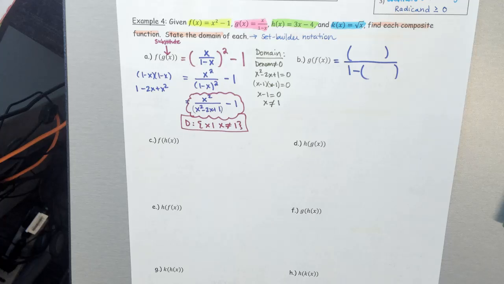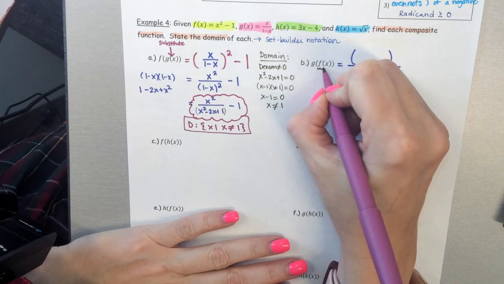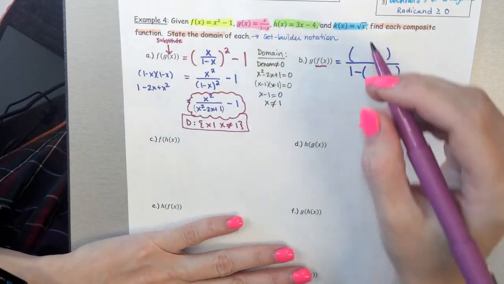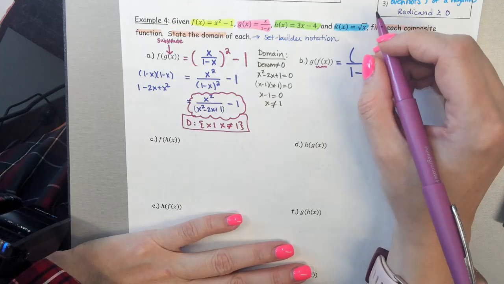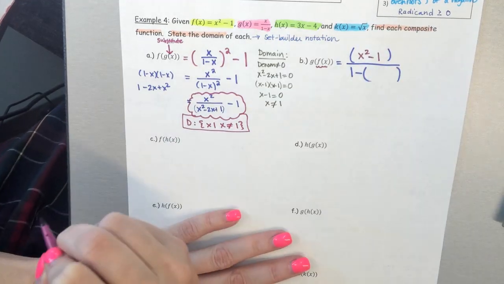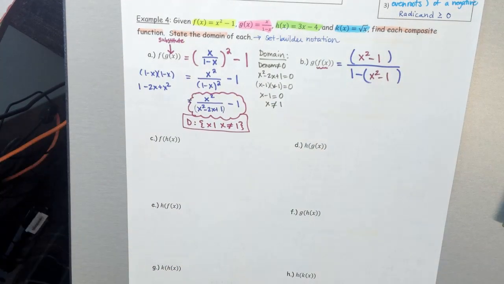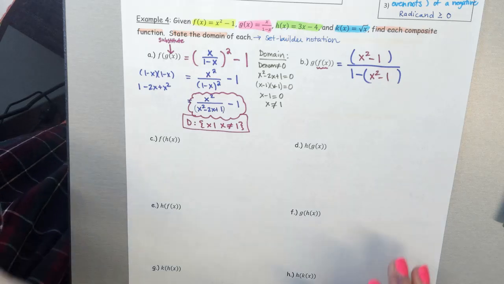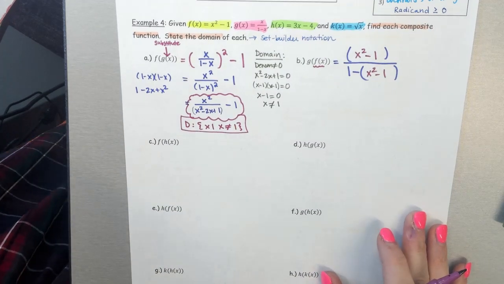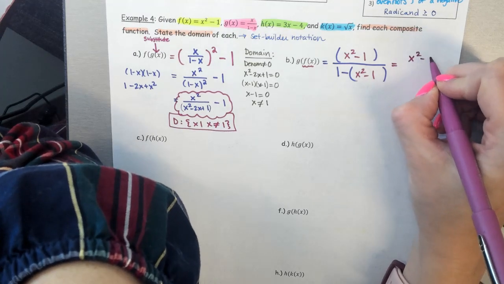Okay, so we should be plugging in f of x inside the parentheses. Okay, so you're going to have x squared minus 1 and x squared minus 1. Okay, on the top you don't have anything to simplify.